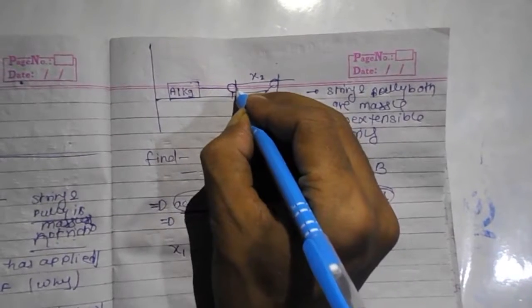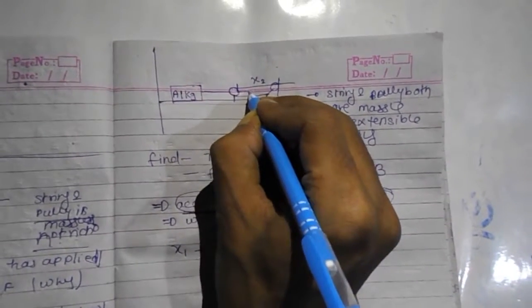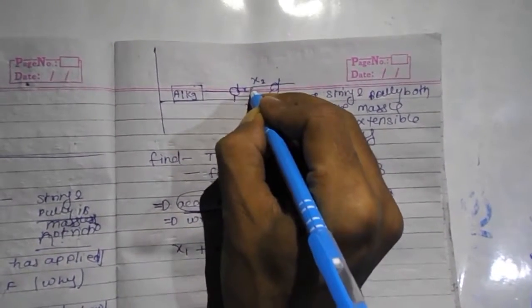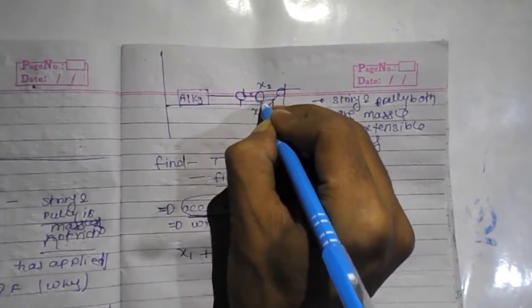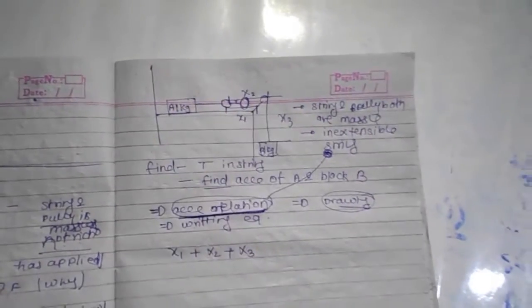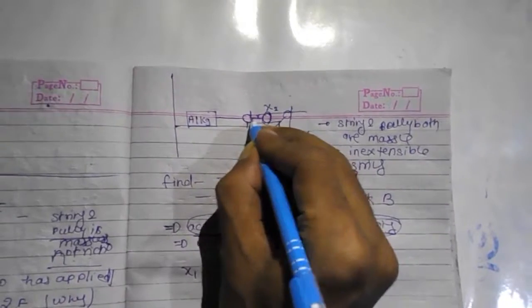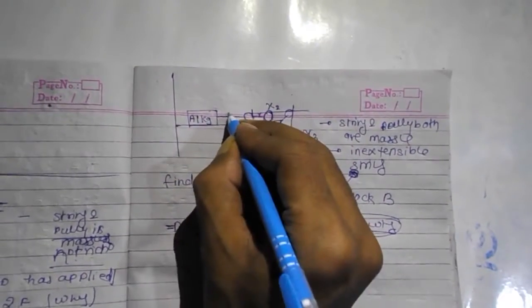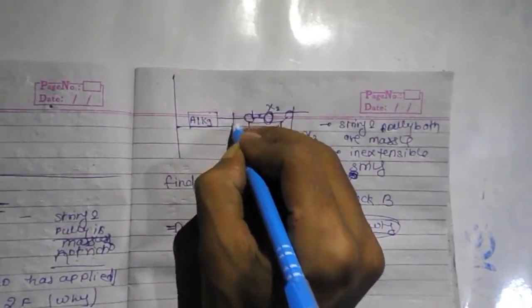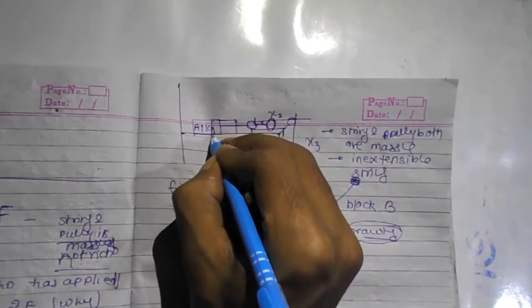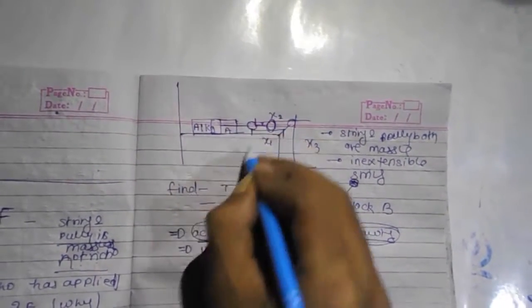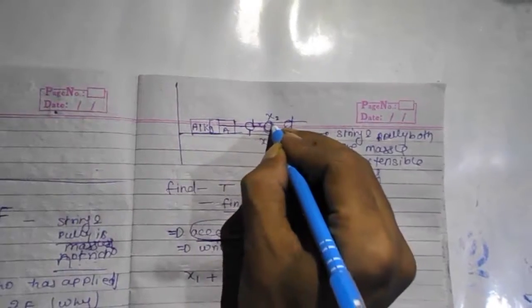Now let's suppose this pulley has moved by amount x. If this has moved, then this also moved by amount x, so this block A is somewhere here, and my new system will be like this.